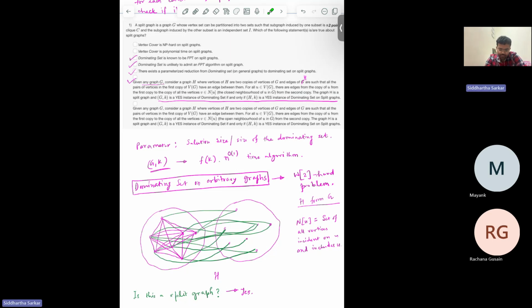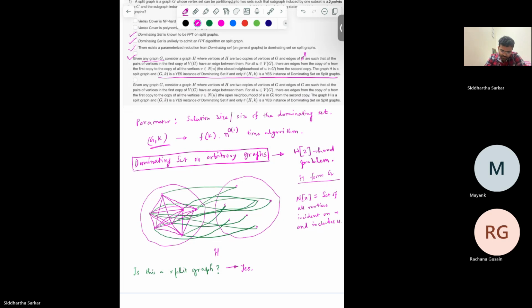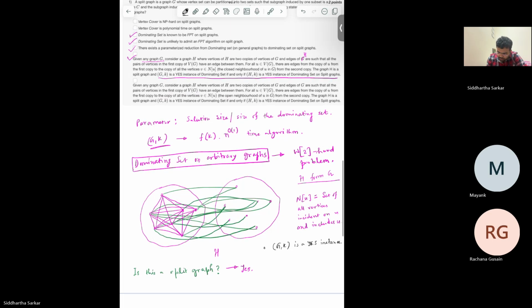So first, let's say G comma K is a yes instance. What does this mean? That means there is some subset S of G, of size at most K, which is a dominating set.